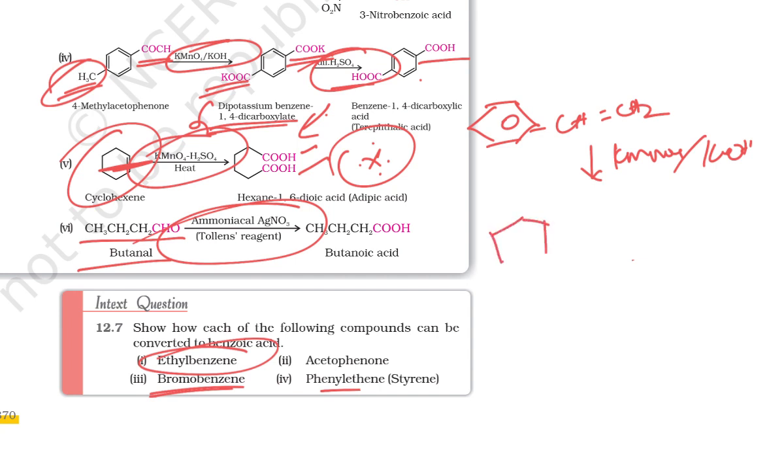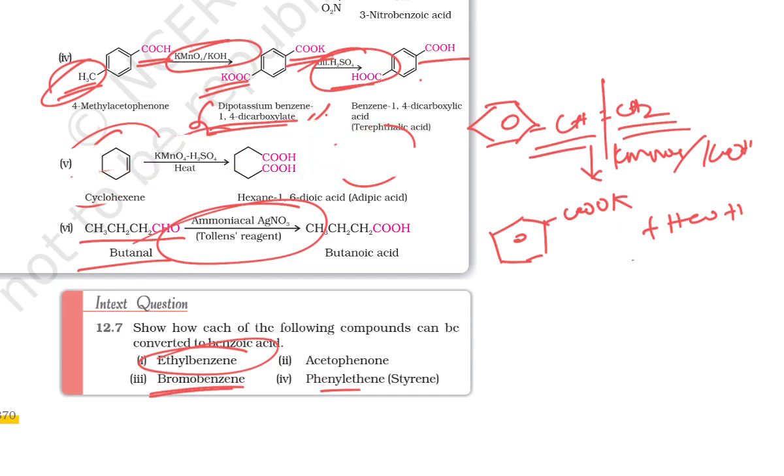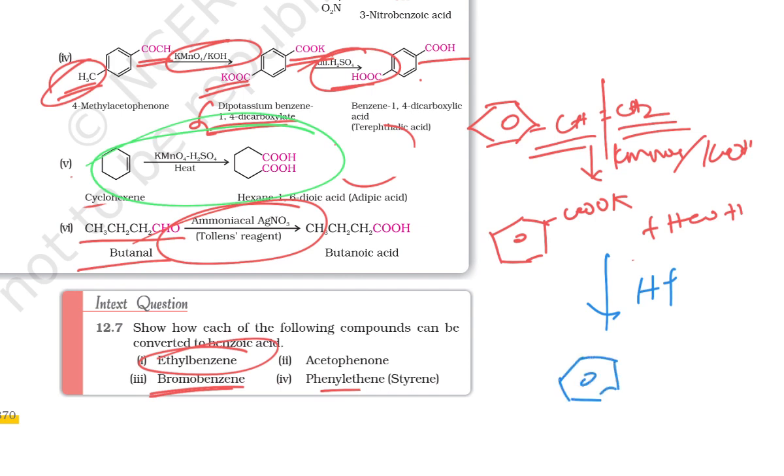It gives COOK plus HCOOK, the breaking is here and this is converted into COOK, like this reaction. Again we do the hydrolysis process, so it is converted into benzoic acid, plus formic acid.